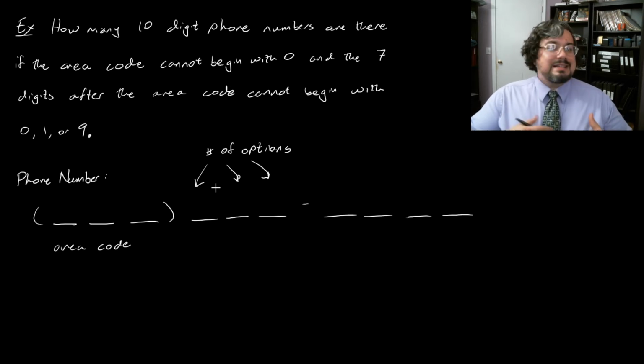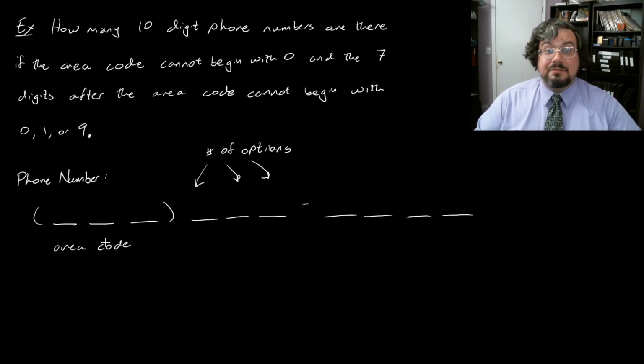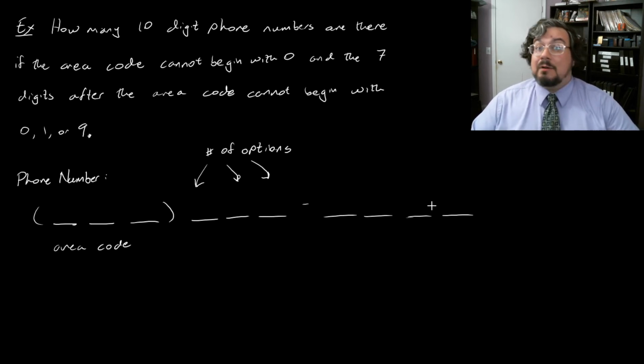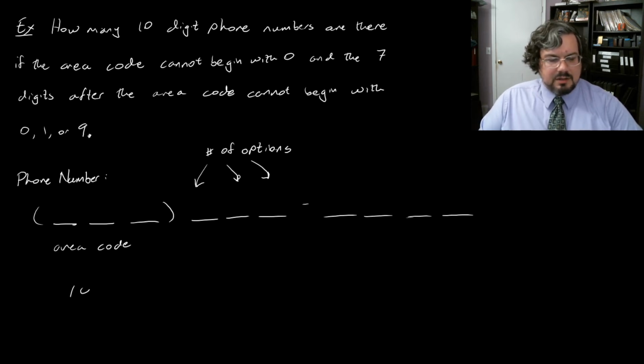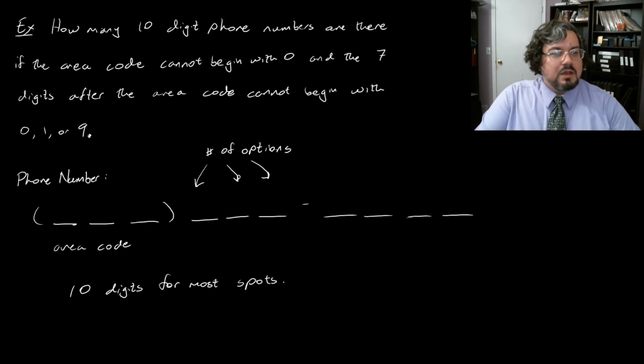Now, a phone number can accept digits from 0 to 9, so that's 10 possible digits that most of these positions can take. However, some of them are more restricted. So there are 10 digits for most spots in the phone number, but some are more restricted. So let's go ahead and fill those in.